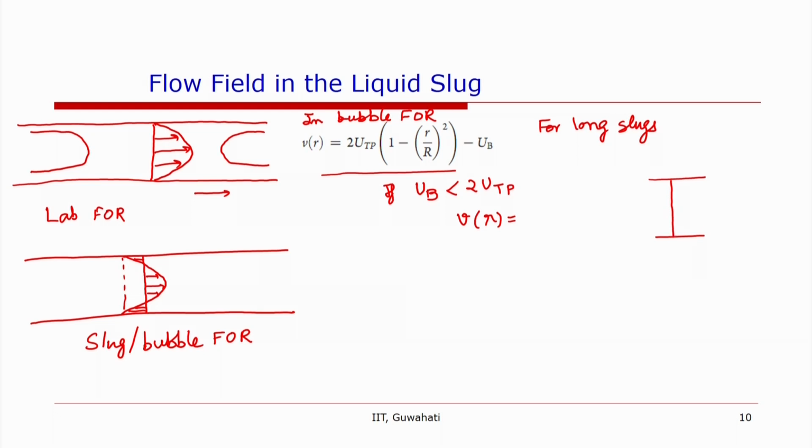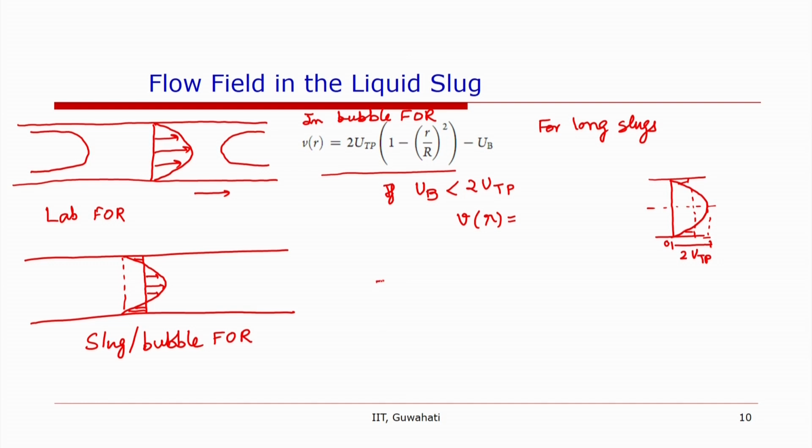This is the parabolic profile, and this value is 2 UTP, and this is where we have 0. So UB will be somewhere here. So we will have a recirculating flow in the slug.